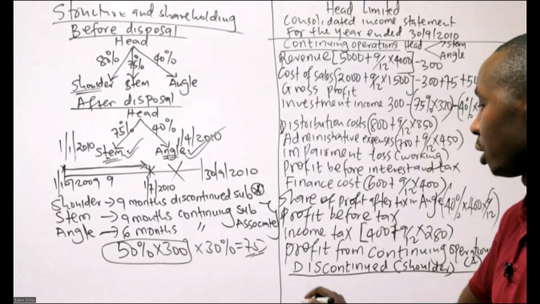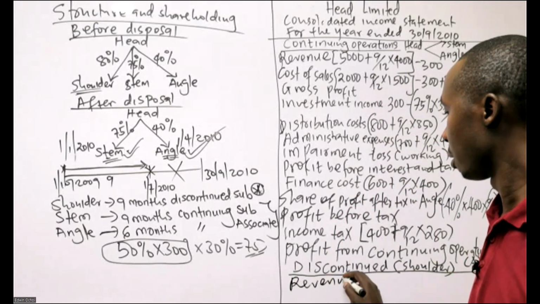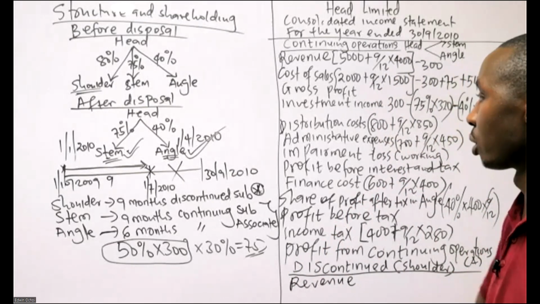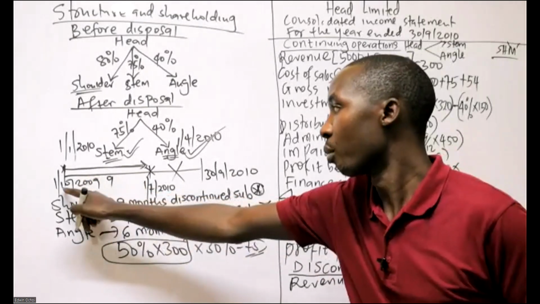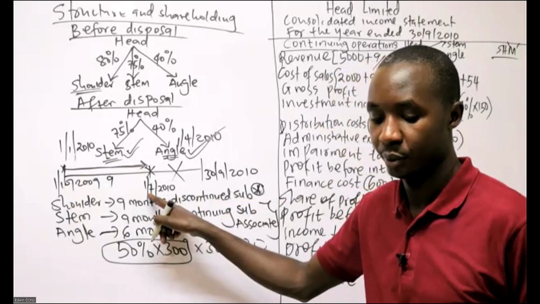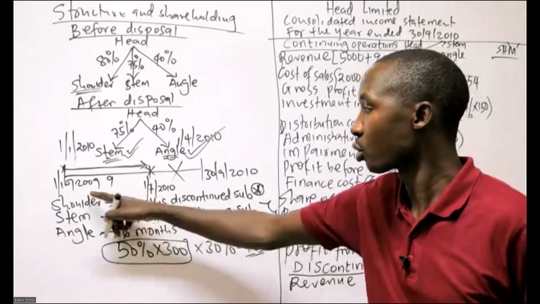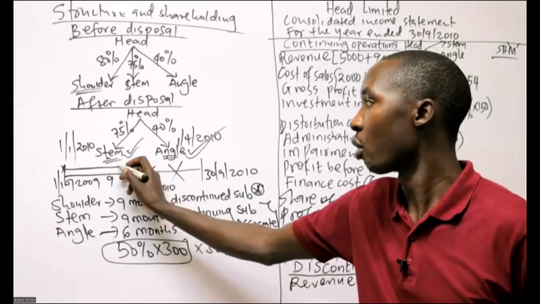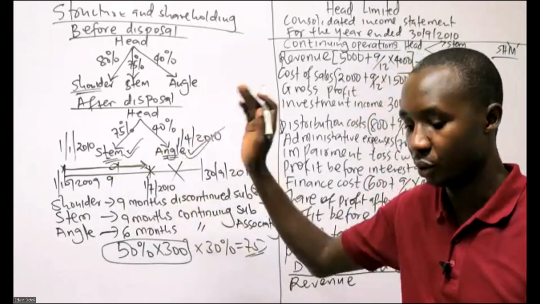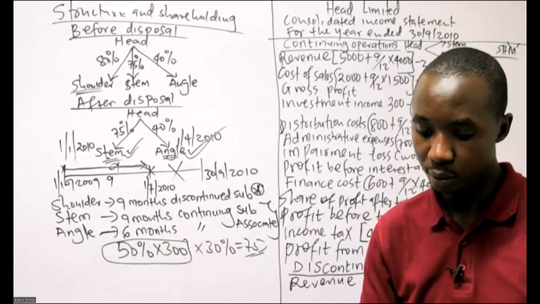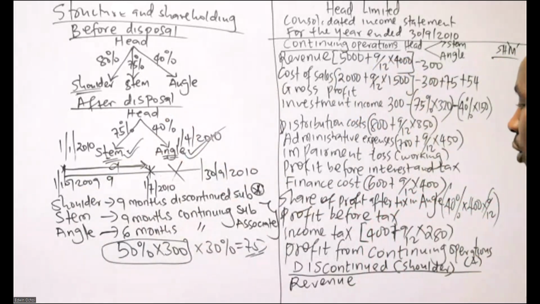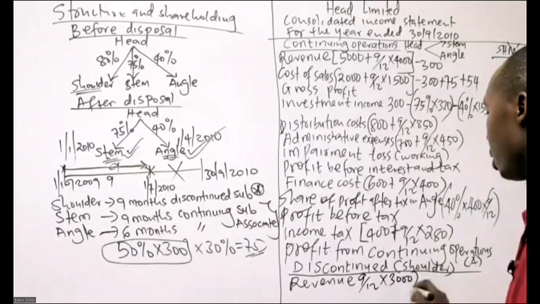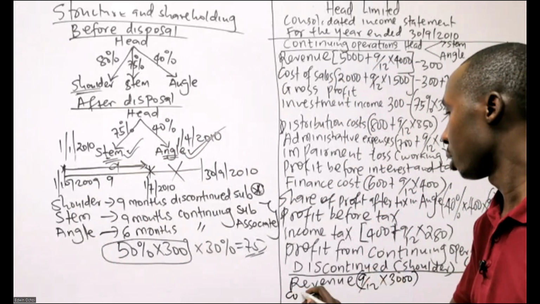So the revenue for shoulder, $3,000, but it was existing for many months, from October 2009 to 1st July 2010, that is, only for 9 months, then it was discontinued. So you say 9/12 times the 3,000.